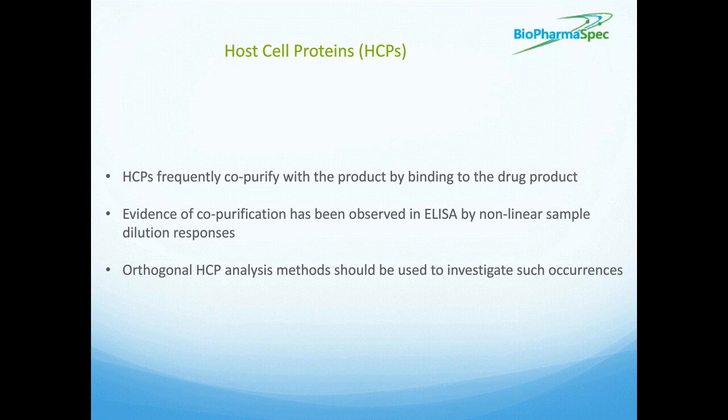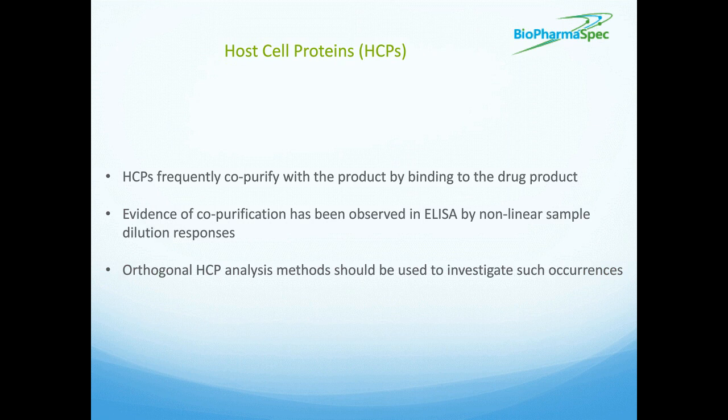Host cell proteins frequently co-purify with the biopharmaceutical product, and evidence of this co-purification can be observed in the traditional ELISA by a nonlinear sample dilution. So in occasions like this, when nonlinear sample dilutions are observed, other orthogonal methods should be looked at to investigate these occurrences.